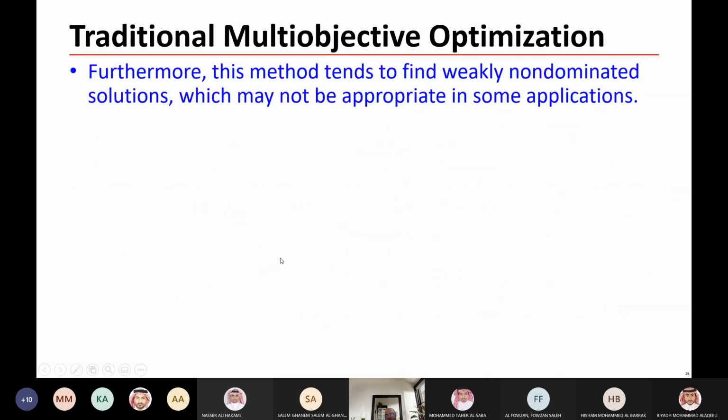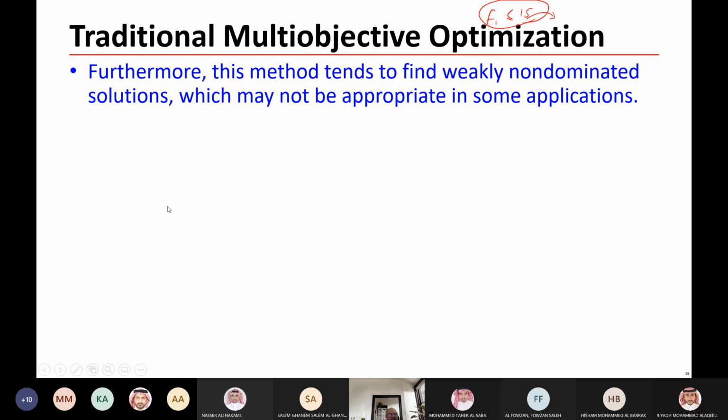Because when you set an epsilon of 5, we don't know whether F1 being less than or equal to 15 will give us a feasible solution or not. We may end up with no feasible solution, so we have to run it again with some relaxation and so on.